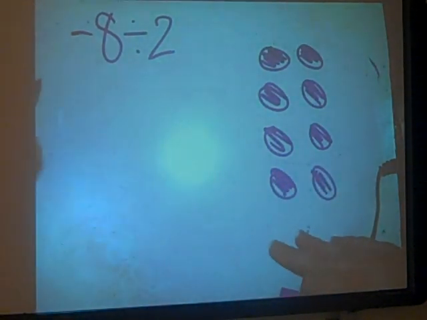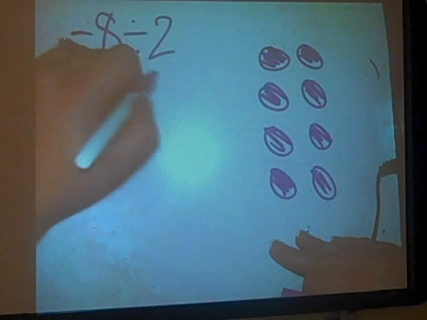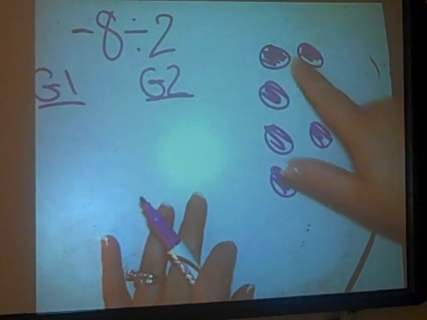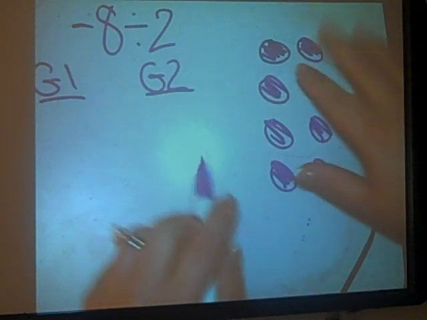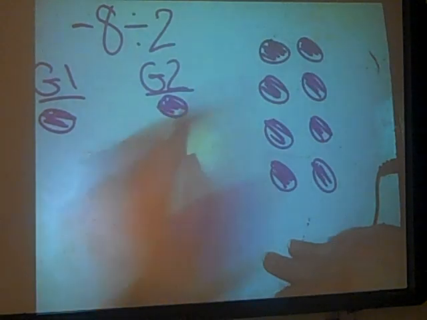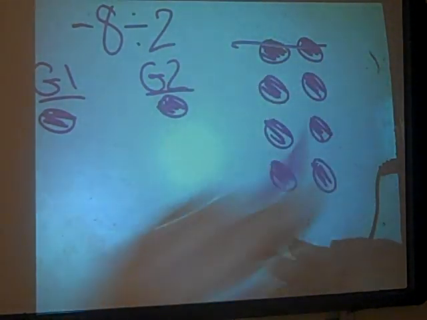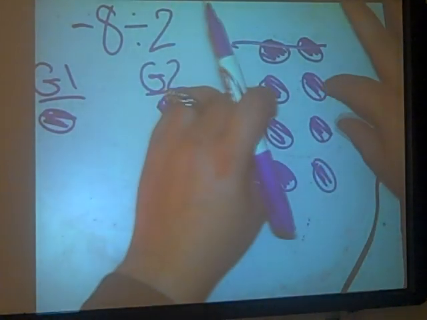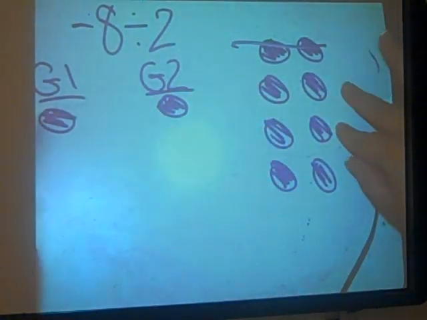And this tells me I'm going to have 2 groups, so G1 and G2. I need to start evenly sharing. When you draw it yourself, you need to cross it off as you use it. So I have 2 groups. I definitely have 2 that I can go ahead and evenly share. So I've used 2, cross them off. I can use, well, let's see, I can put 2 in this time. So group 1, group 2, group 1, group 2.